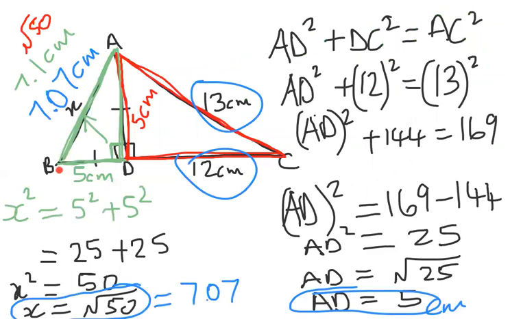Let's look at this one. So if we break the red triangle, the hypotenuse is the 13, which is more than the 12 and the 5. And in the green triangle, the hypotenuse is 7.07 or 7.1, which is more than the 5 and this 5 over here. So all of that looks correct.